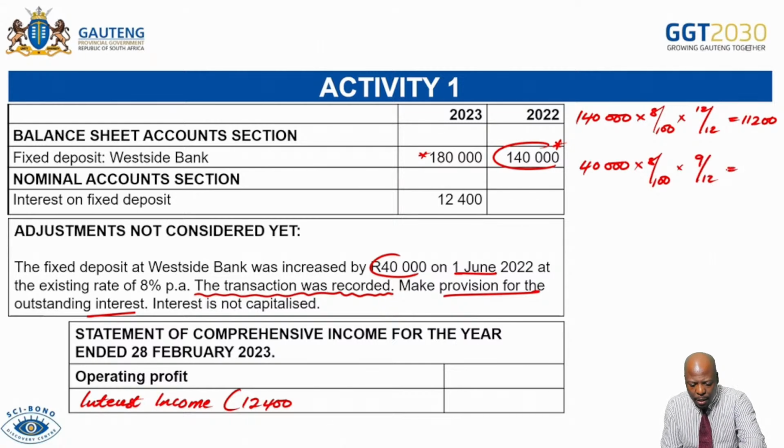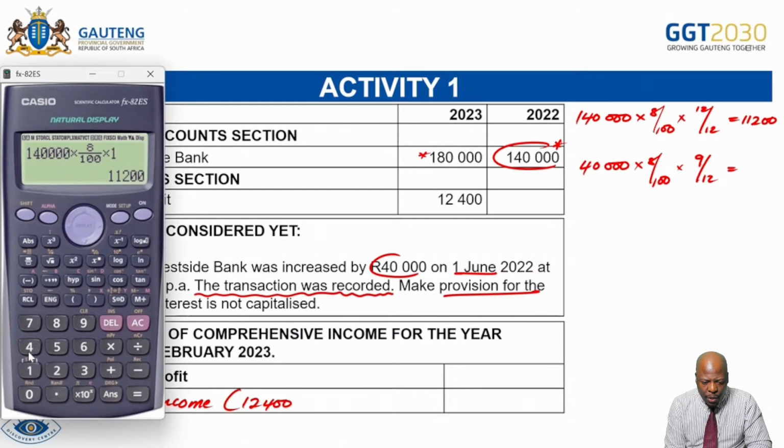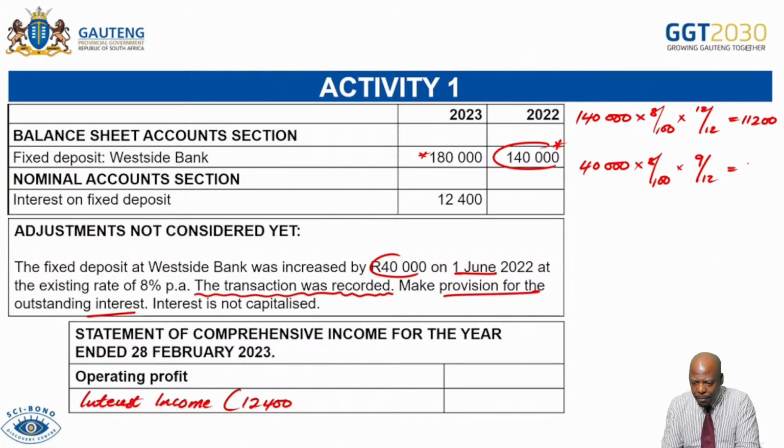Let's see how much that is going to give us. So I'll say my 40,000 multiplied by 8 over 100, then multiplied again by 9 over 12. And that is going to give me 2,400.